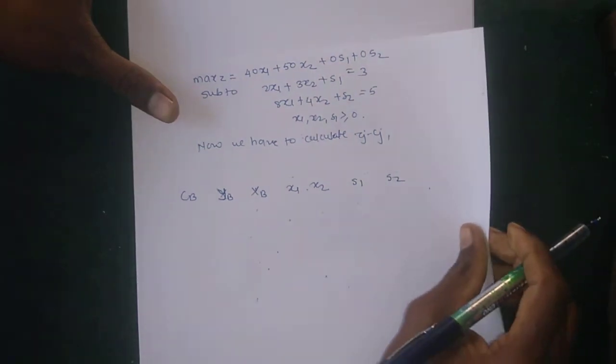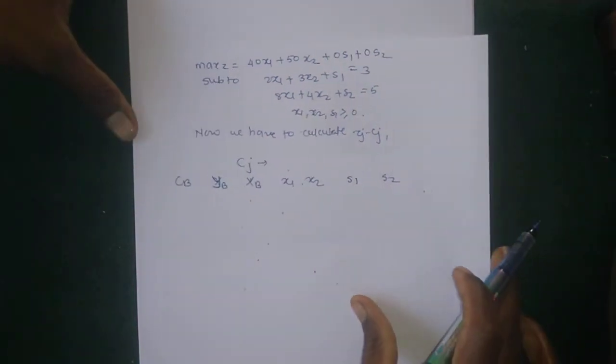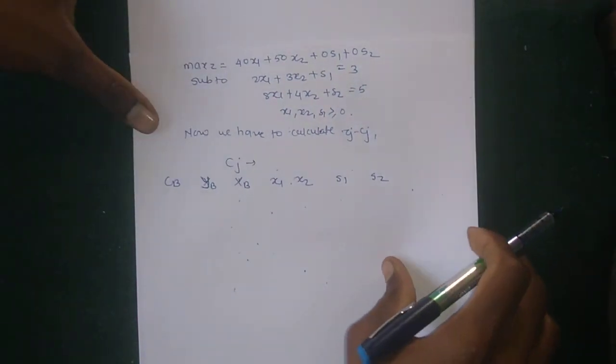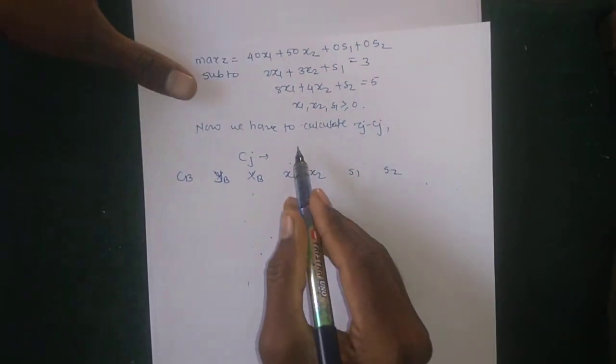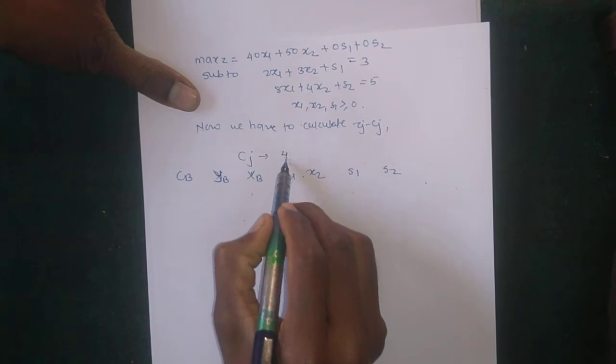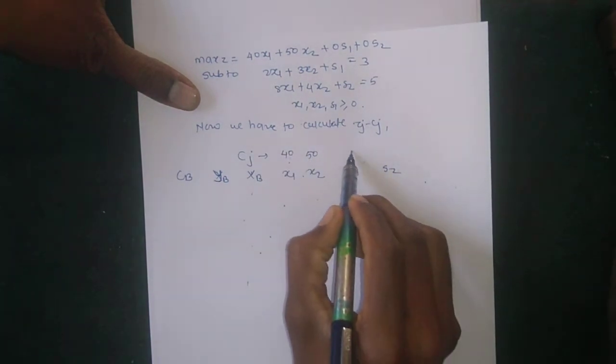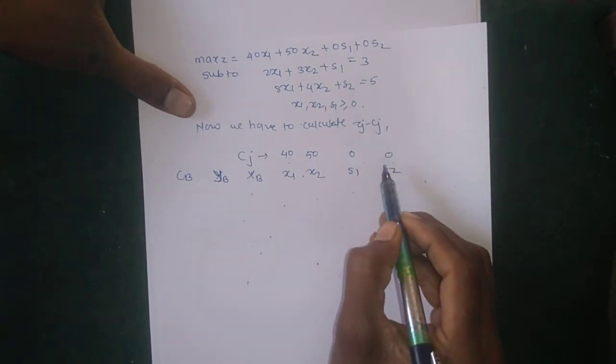On the upper side, Cj is the coefficient of the objective function: 40, 50, then 0, 0.